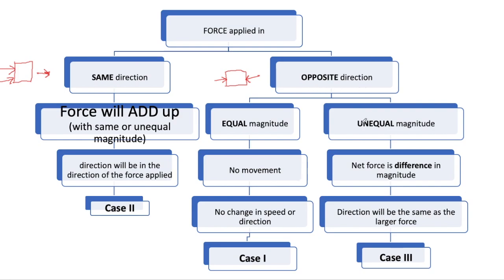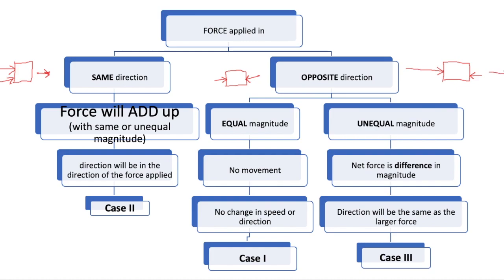Now, when the forces are of unequal magnitude, we have our object. One force is larger, the other one is smaller. So what will happen in this case? The net force is the difference in the magnitude of the two forces acting, larger force minus smaller force, and the direction will be the same as the direction of the larger force.